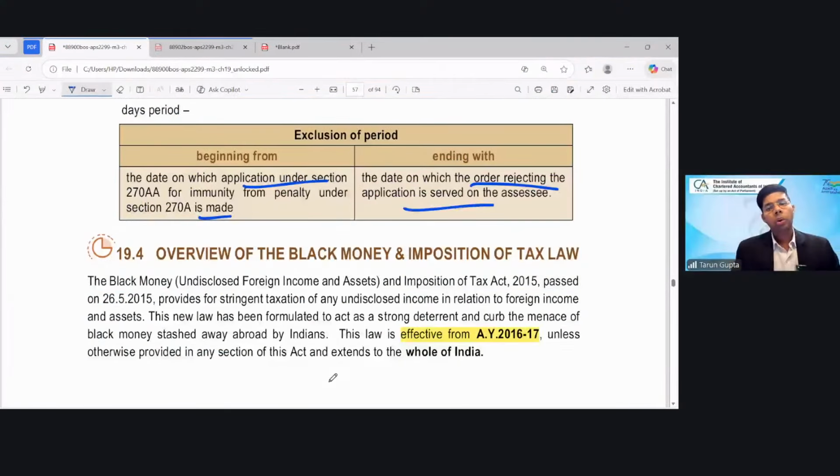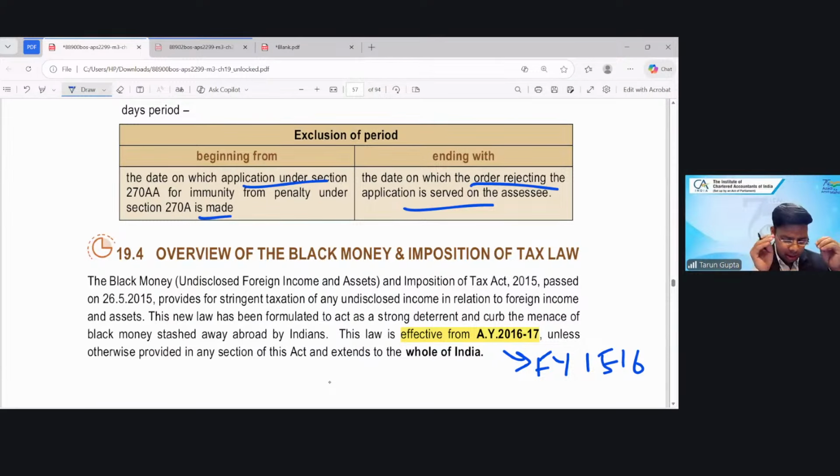The Black Money Act came in 2014, with effect from financial year 15-16. So why did it come? It came to penalize the Indians who have income outside India on which they don't offer tax in India, or who have assets built up outside India.